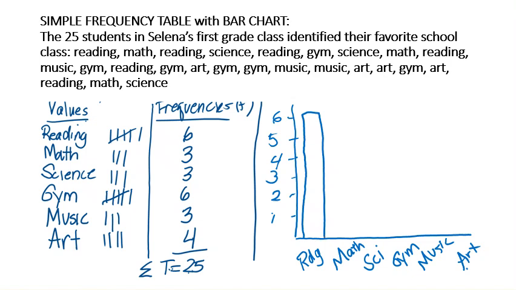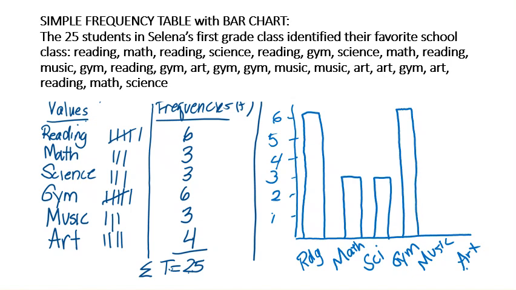The bar for math will be up to the 3. Notice that I'm separating the bars. The bar for science would also be up to the 3. For gym, we would go up to the 6 again. For music, we'd be going up to the 3 again. And for art, we'd be going up to the 4.